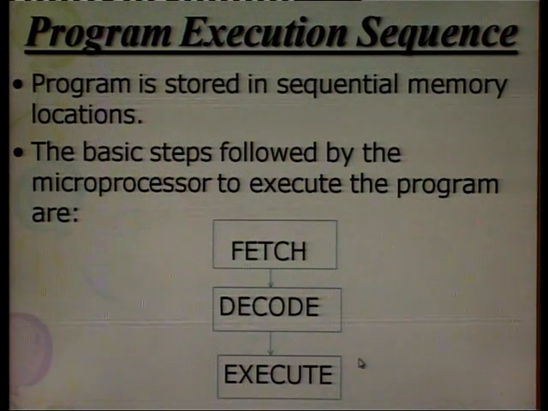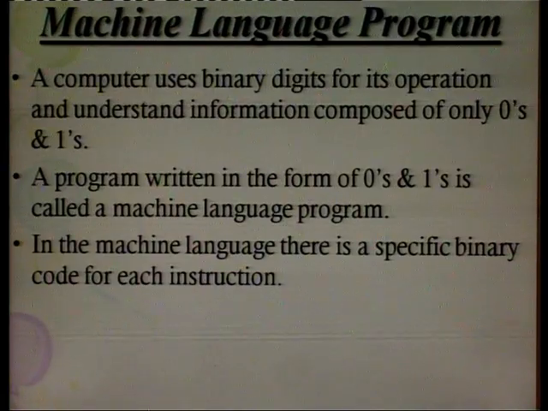So, I hope all of you understood the program execution sequence, that is fetching of the opcodes from the memory, then decoding it with the help of the instruction decoder, and executing it by generating the necessary signals by the timing and control unit inside the microprocessor.